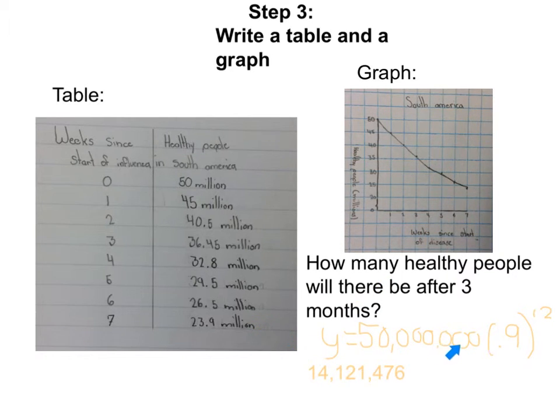So it would be 50 million times 0.9 to the 12th power, and how we got 12 is, it's 3 months, plus the 4 weeks in each month, so it'd be 3 times 4 is 12, and put that into your calculator and you get this.